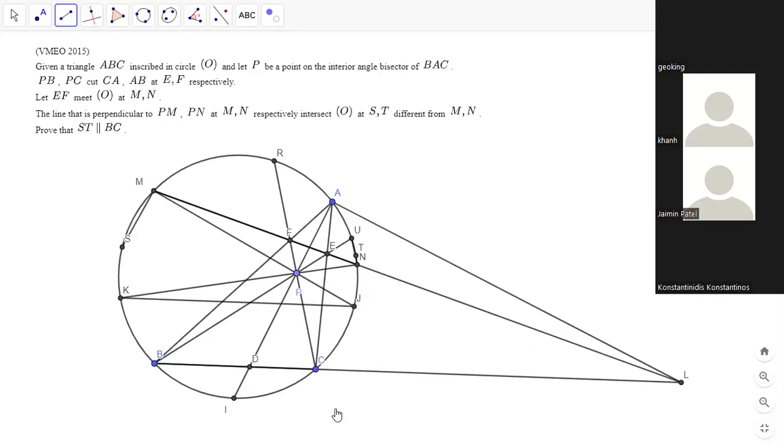Yeah, we just have to use Pascal on the right thing. So maybe MKB NJC.